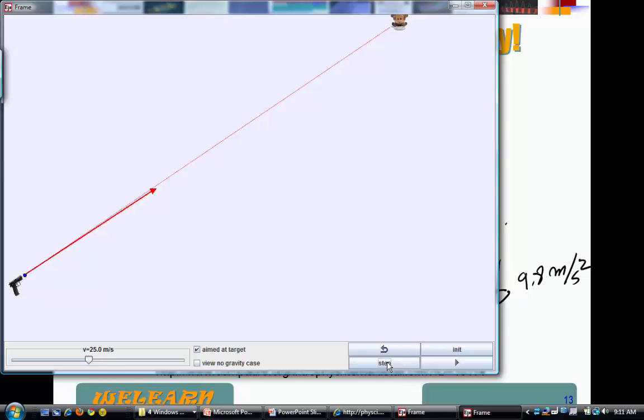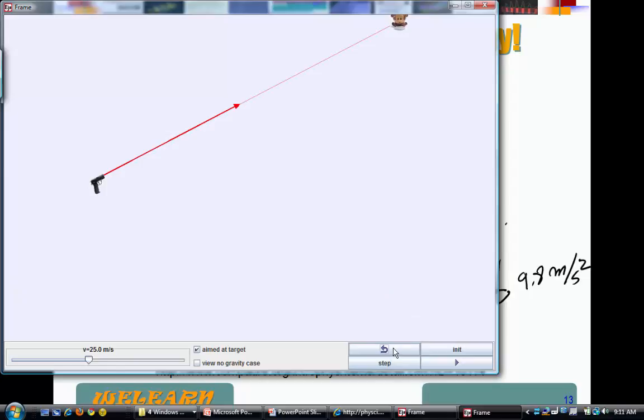And as we play here, notice that the bullet deviates off the straight line path. And you see the straight line path the whole time. And because of the free fall of the monkey as well, it meets its destiny here.